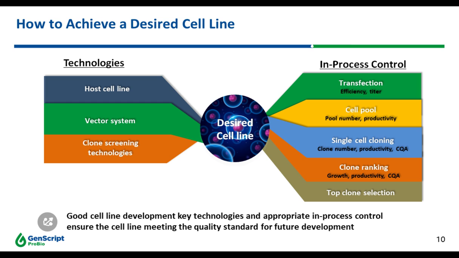So how to achieve a desired cell line? We have talked about the technology, the whole cell vector system, and the clone screening technology. On top of that, we need in-process control of the development procedure, starting from transfection, cell pool, single cell cloning, clone ranking, and top clone selection.